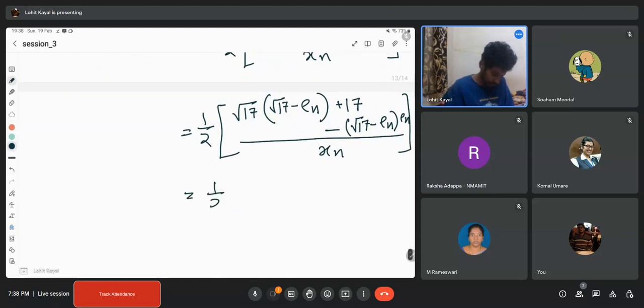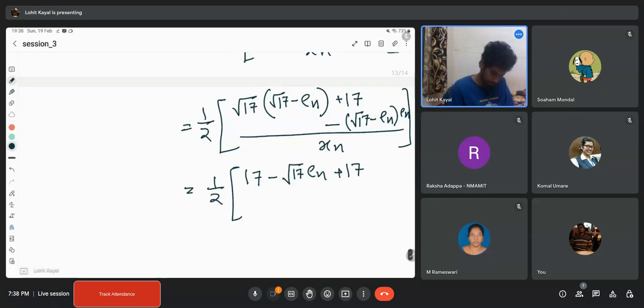So equal to half 17 en plus en square by xn.